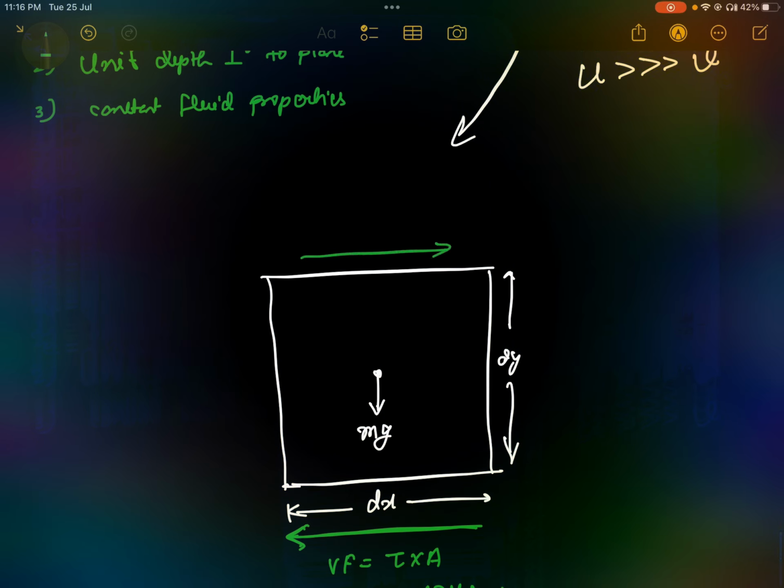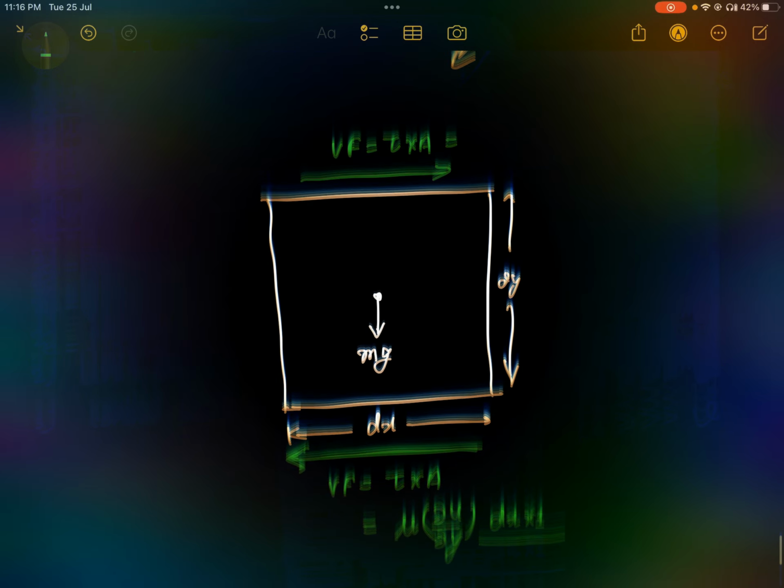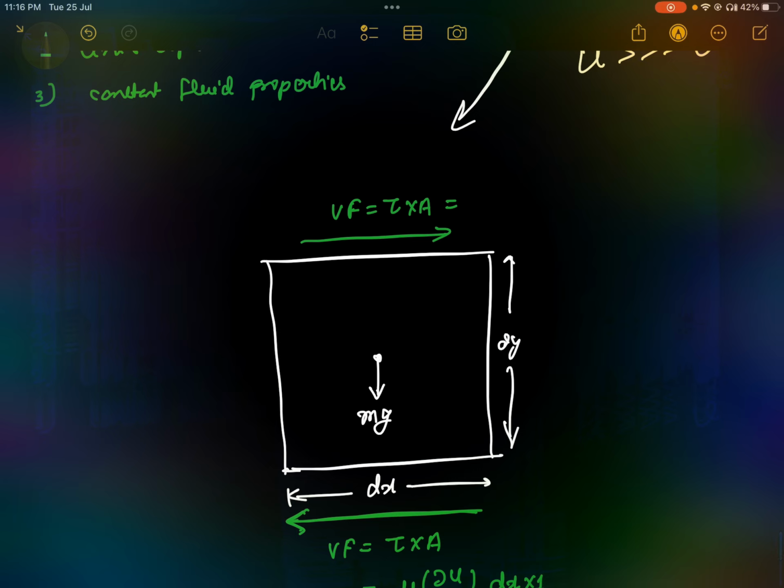And what about the other direction? The viscous force will be tau into area, where the shear stress is according to the Taylor theorem: mu del u upon del y plus del upon del y of del u upon del y into dy, into dx into 1.